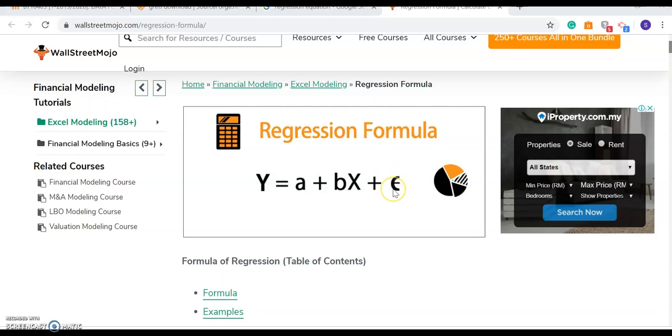Then you also have to add e to represent the error term. The error term records information that is not from the independent variables but is also significant in explaining the dependent variable. So that is how we answer question 10a.